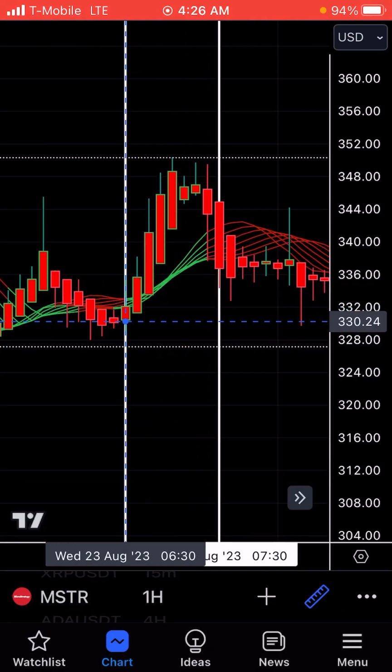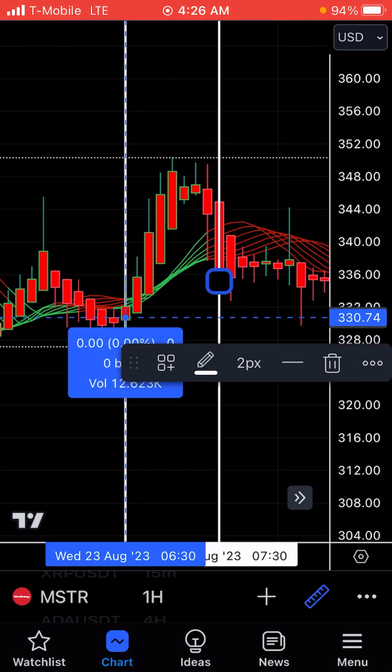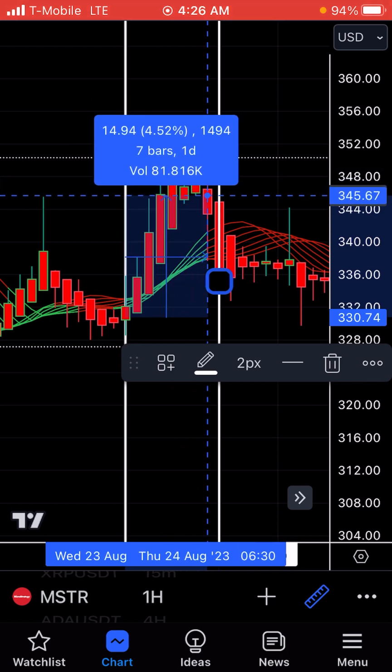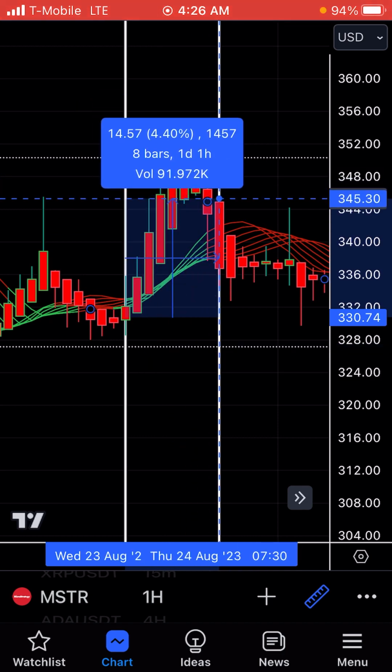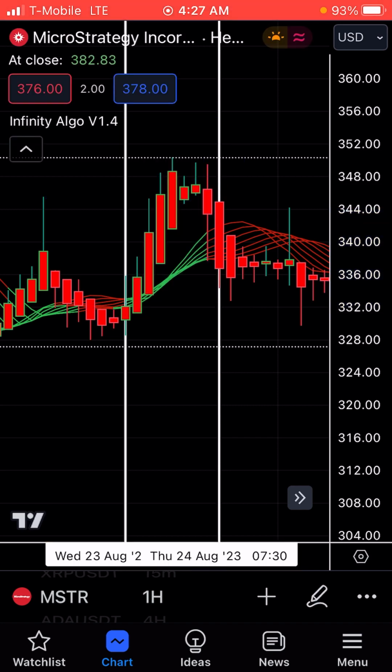So you come in here and you get out about here. This is a $14 difference in price in 1 day, 1 hour. So if you did this trade in the money, you would have made $1,457 for that trade. Let's do this one more time.